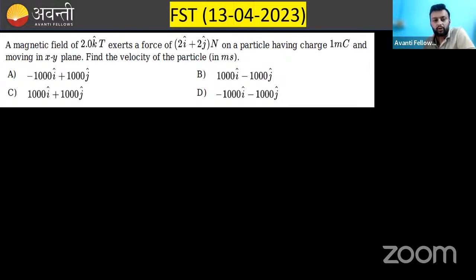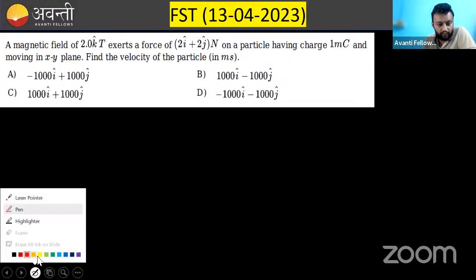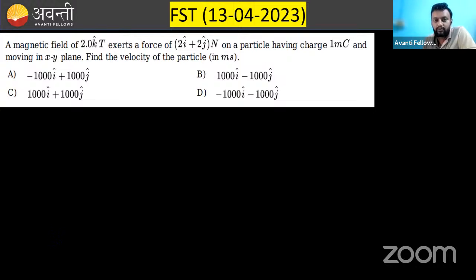Again, this is a question of magnetic field, I think magnetic force. Now I will ask you the formula. A magnetic field of 2K, that means B is given as 2K cap, exerts a force. So force is also given, 2I plus 2J, on a particle having charge Q, that is 1 millicoulomb. 1 millicoulomb is 10 to the power minus 3 coulomb.